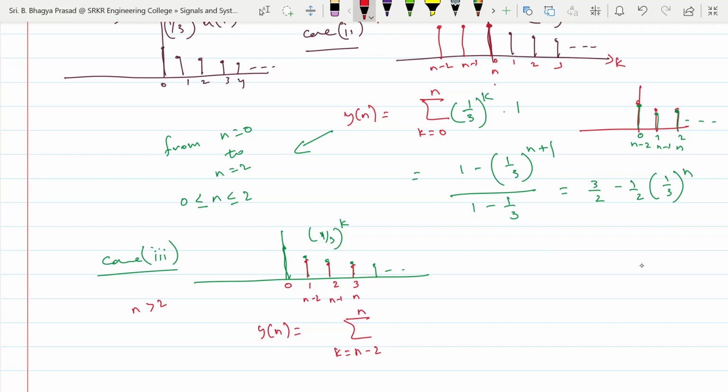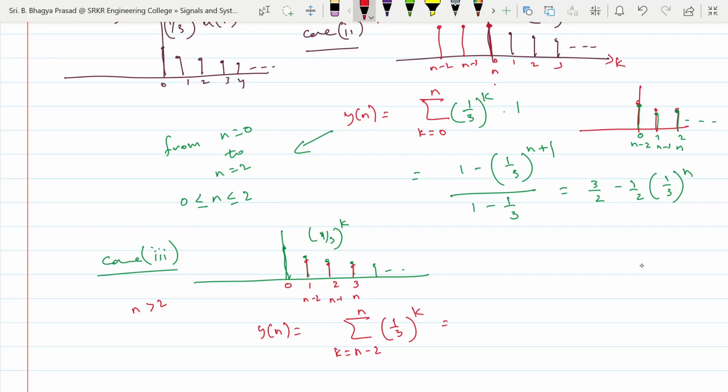This n minus 2, we don't know the exact position for different shifts: if n minus 2 is 1, the n value will be 3, and if you go for another shift, n minus 2 will be 2 and n value will be 4. So for getting the generalized expression, you take the summation from n minus 2 to n of 1/3 power k.